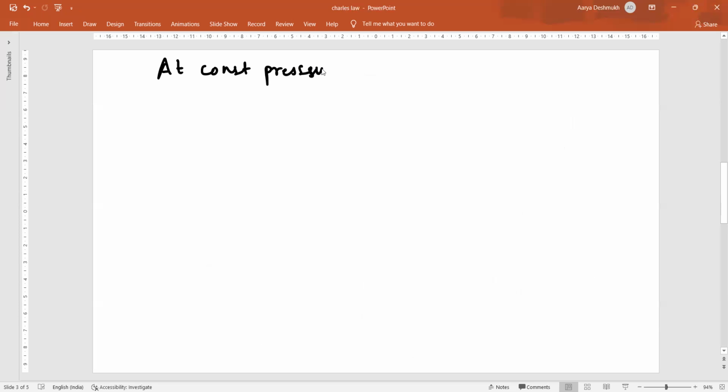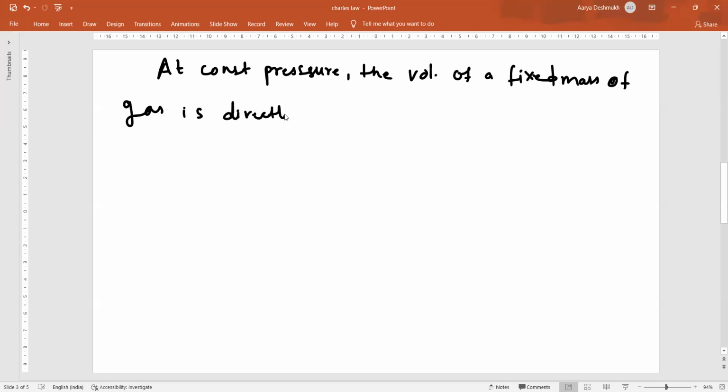So at constant pressure, the volume of a fixed mass of gas is directly proportional to its temperature in Kelvin.